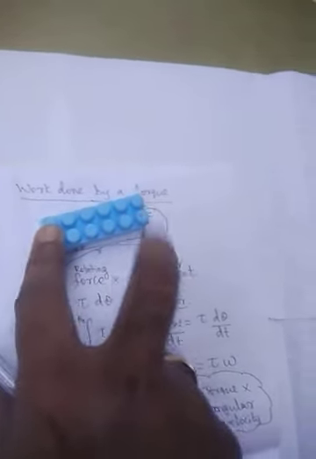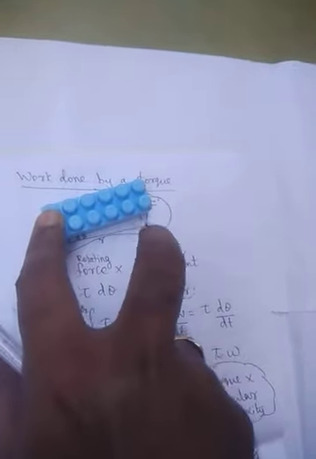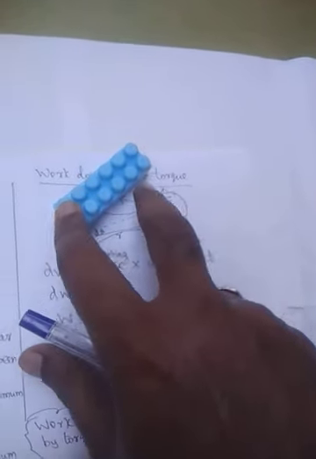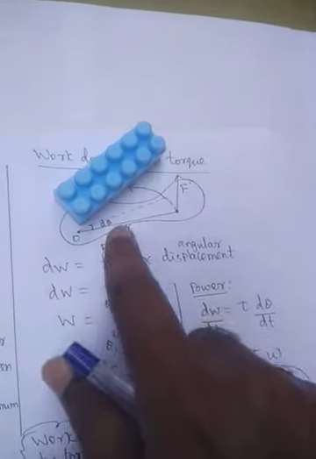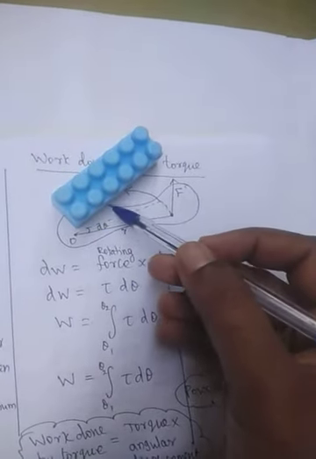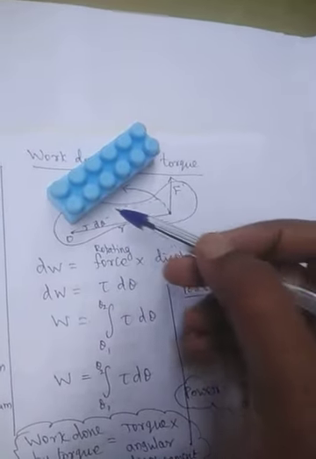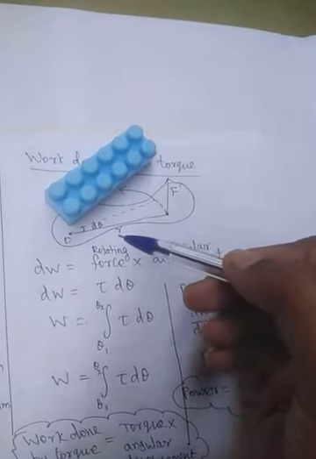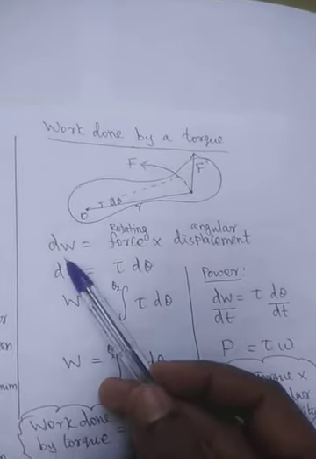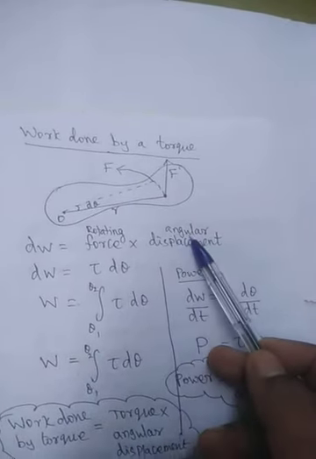I am going to move this finger in the upward direction. The force is applied in this direction. The angle made between the horizontal and this one is the angle of rotation, called the angular displacement. So very simple, work done is equal to rotating force into angular displacement.